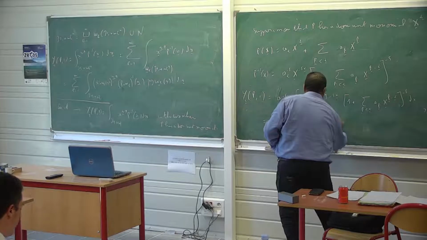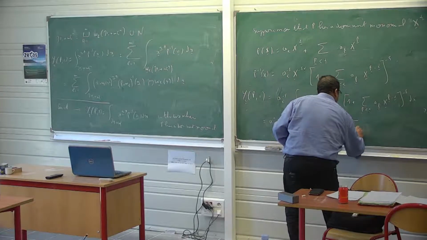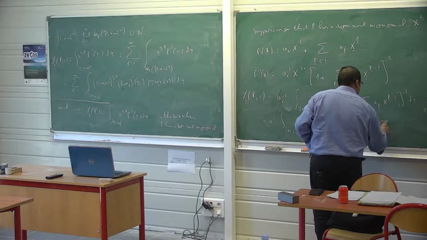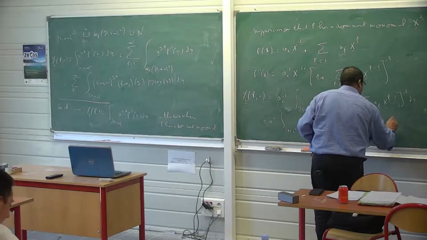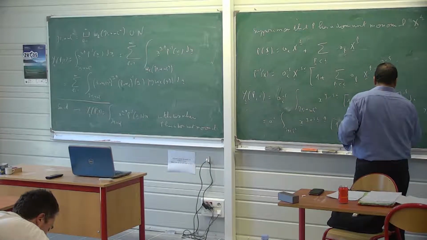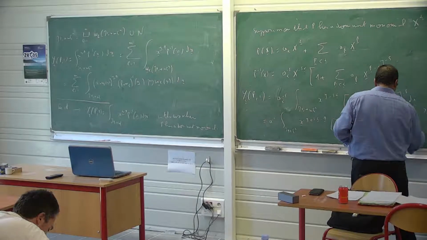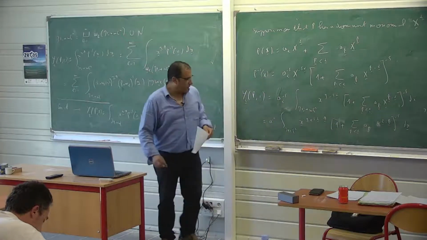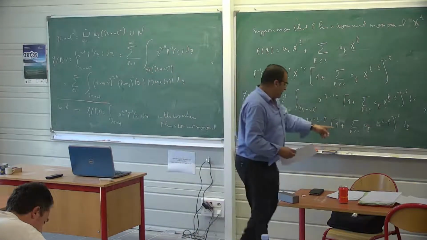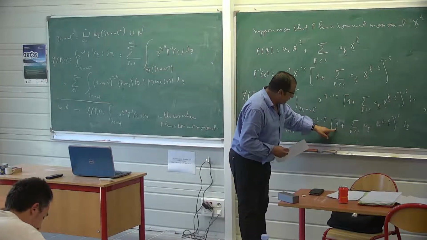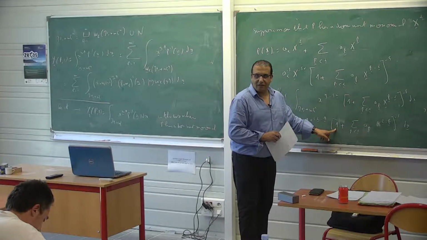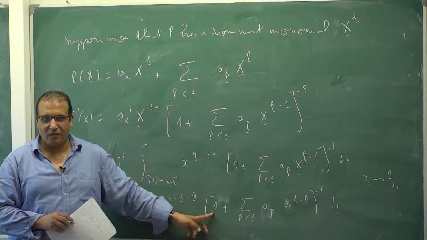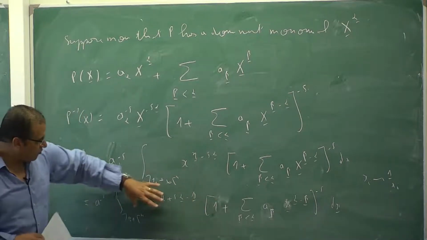And here you have 1 plus the sum over beta less than alpha of E beta, and x to the power alpha minus beta minus S, and here you have dx. So as you can see, this function looks like an invertible one. So this is not a dangerous factor. So this function looks like the normal crossing case.